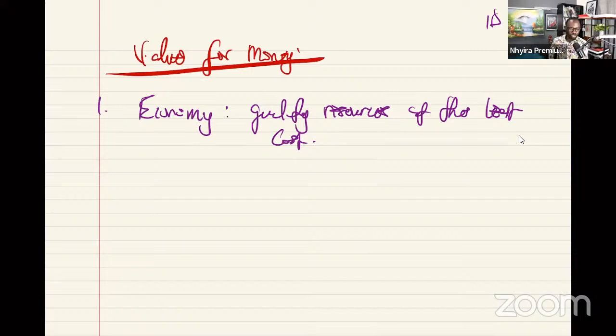For those of you who go to the market and see tomatoes that are rotten, with a lot of houseflies hovering around them, for some reason some ladies will go and buy those tomatoes because they are cheap. That is not economy. When we say economy, that's not what we mean.